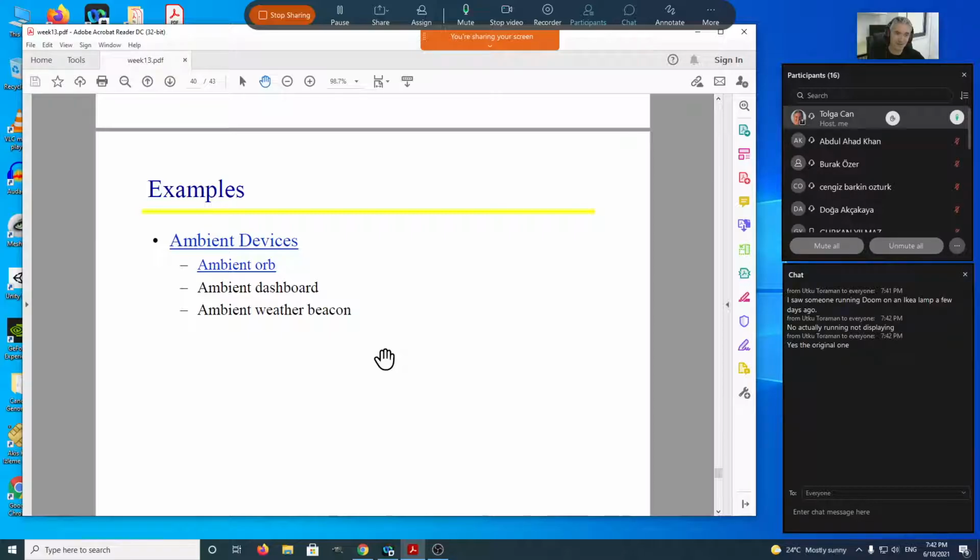It was not the IKEA lamp itself that was the display, but it was running the Doom game on it. So yeah, that lamp really has some computational power. Interesting. So yeah, what kind of other physical objects do you want some computational power in? So these ambient devices, they may use some small additional display. Okay, I see. But yeah, interesting.